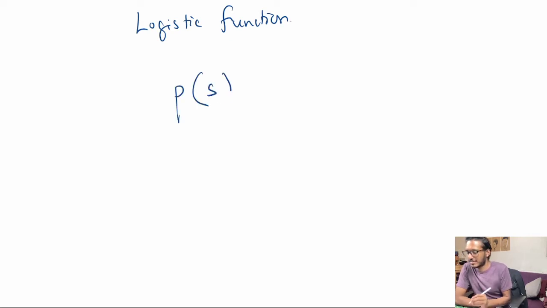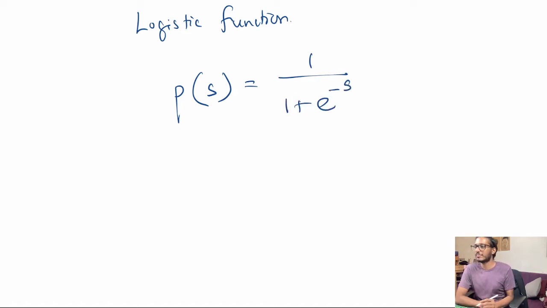We can call it P of S, which is equal to 1 over 1 plus e to the power of minus s. So let's see how this works for the edge cases.